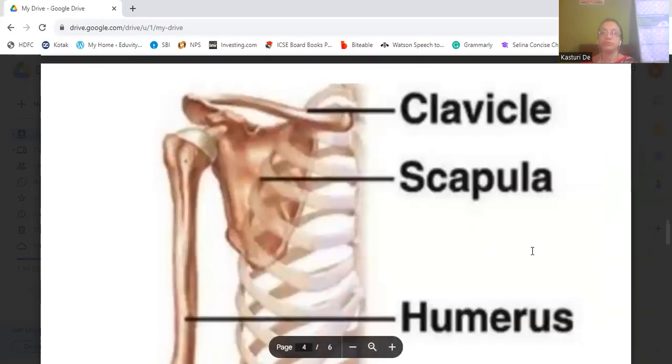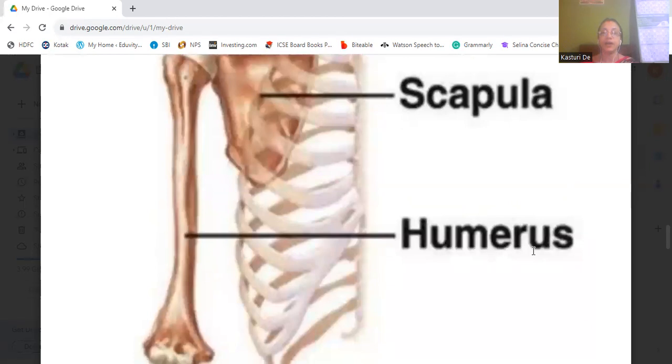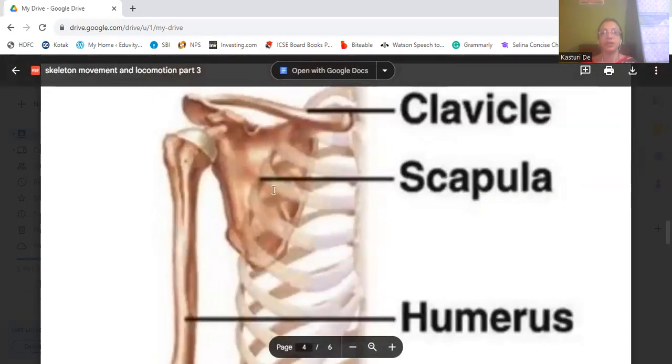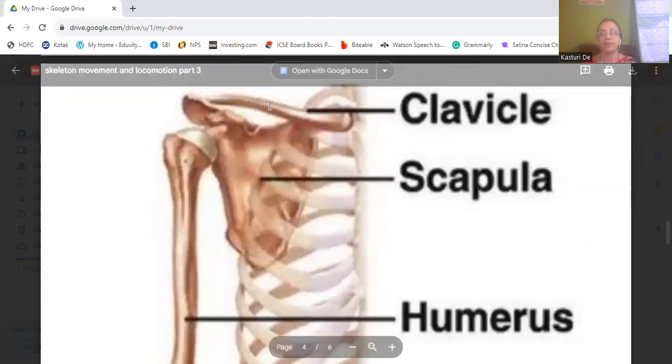So this is the picture of the girdle as well as the limb bones. First we can see the clavicle.